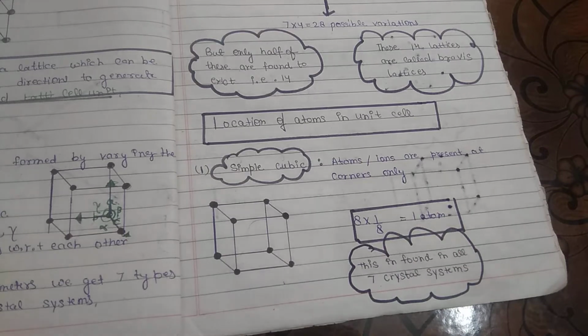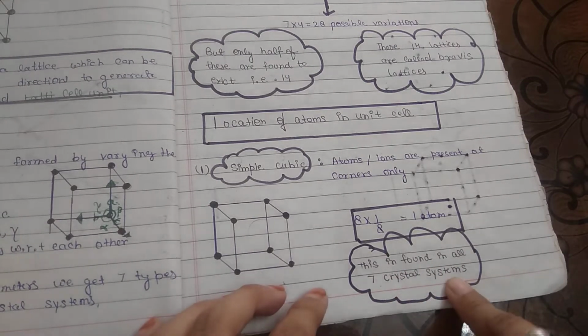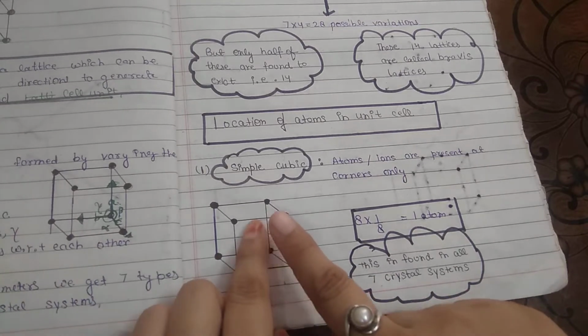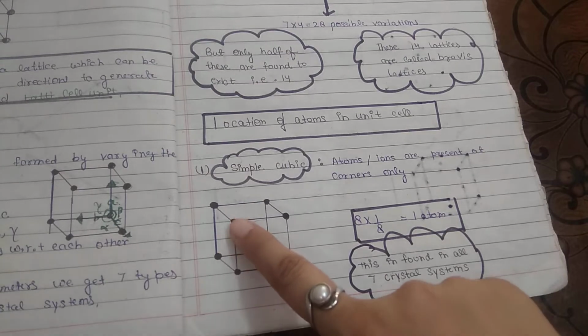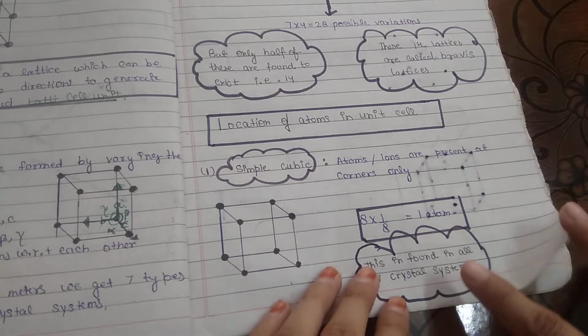That means 1 atom is present inside the simple cubic. This is found in all 7 crystal systems, since the 1/8 part of an atom at the corner is present in all the cubes.